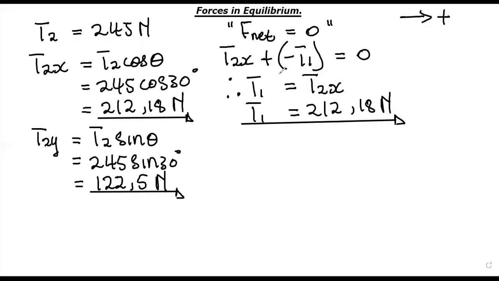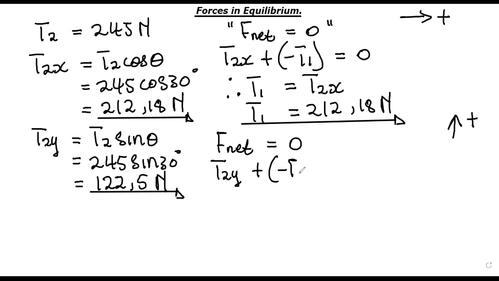So we are focusing on vertical forces. Once again, the net force acting on this crate is 0, vertically. And we need to assign direction as well. So let's say upwards is chosen as positive. The force that is going upwards is the vertical component of T2.